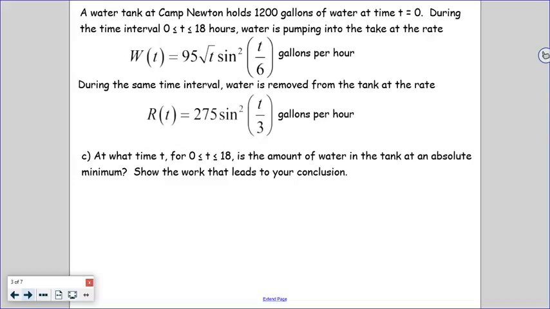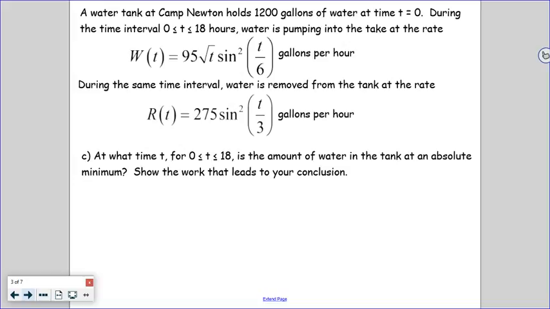Endpoints we already identified. When it equals 0 or is undefined. Those are called critical points. But critical points of what? Of the derivative, the velocity function, or the derivative of our amount function, right? So we would be looking for the endpoints, 0 and 18, and we look for critical points of our derivative.